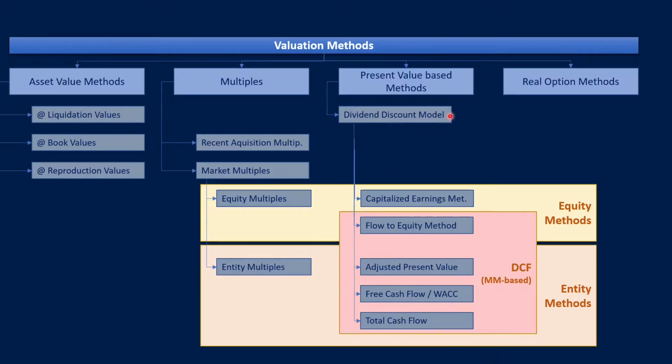If you cannot forecast the dividend policy, it would be a good idea to capitalize or to discount the earnings, the profits, or alternatively, the cash flows, discounted cash flow methods. So here are two solutions to the problem that the dividend is not easily forecastable.